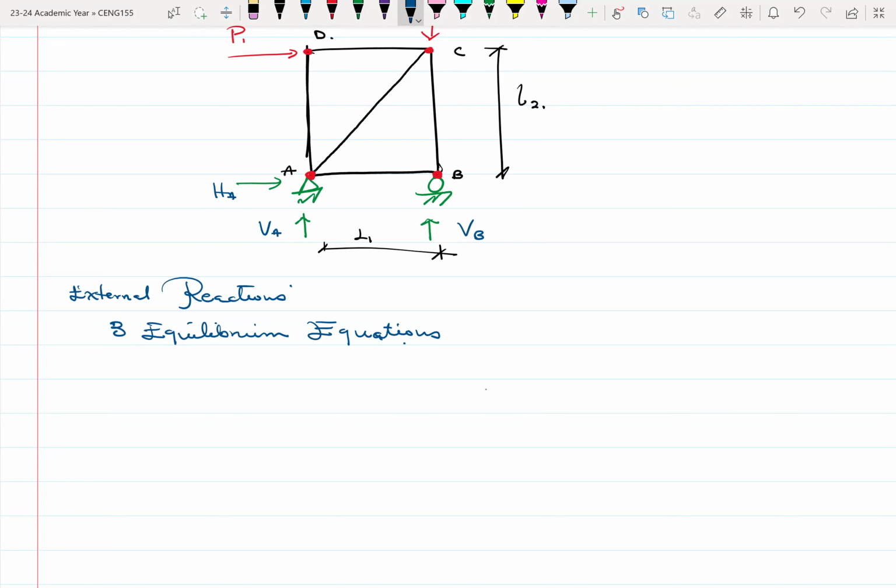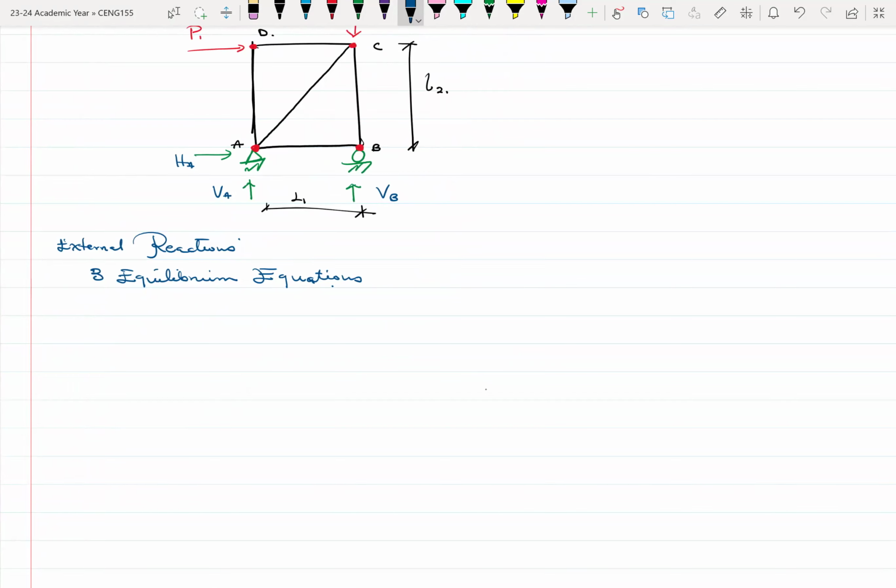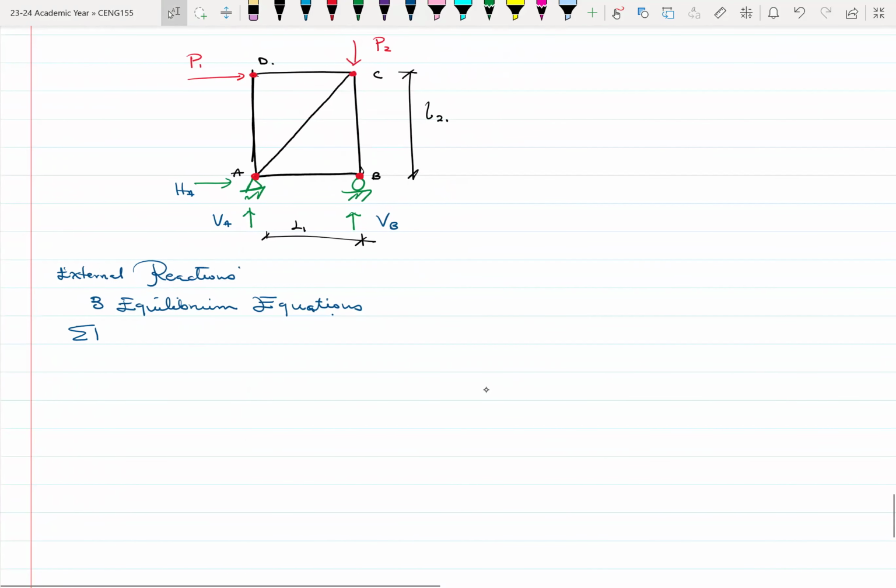We start with the summation of forces in the x direction, so lateral forces, equal to 0. Here we have two of them, our HA and our P1. So take note, HA plus P1 equals 0. They're both in the same direction.